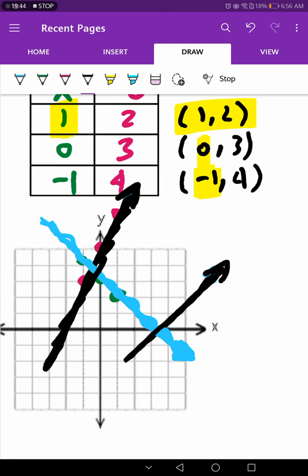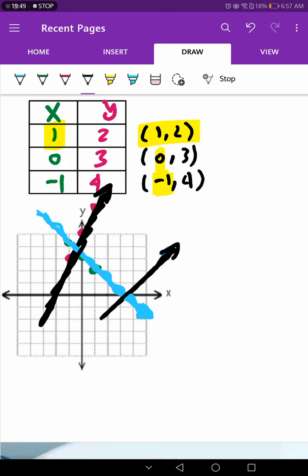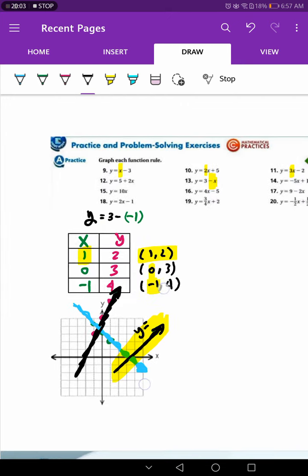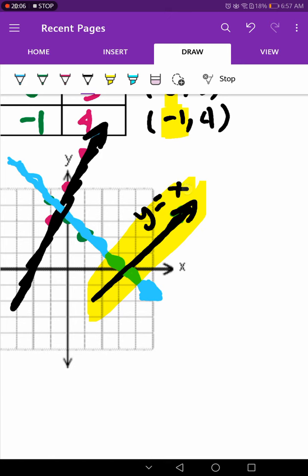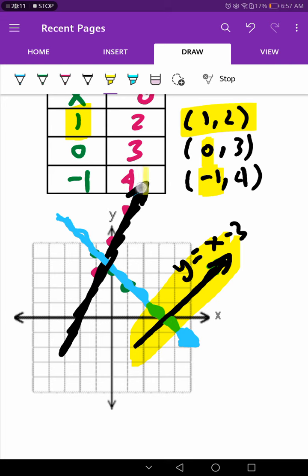Okay, my dear student, let me graph it for you. So this graph, it is y equal x minus 3. And this graph represents y equal to 2x plus 5.